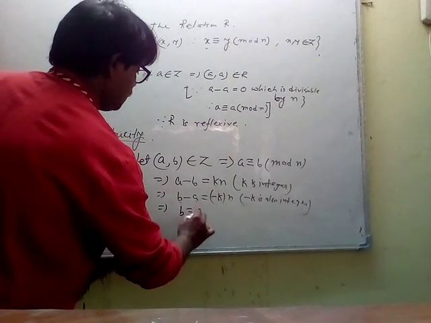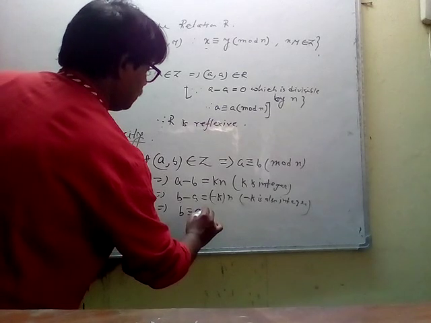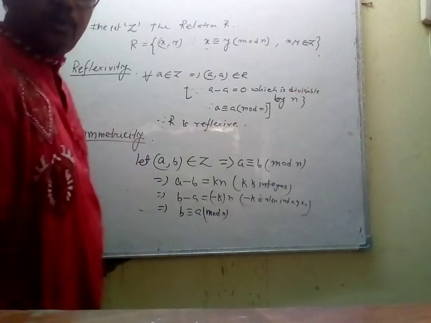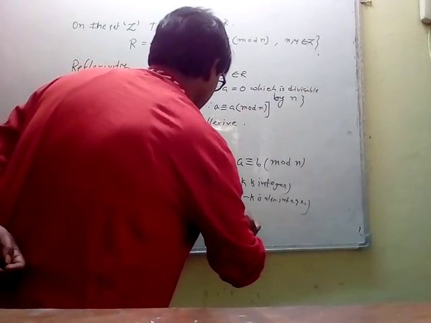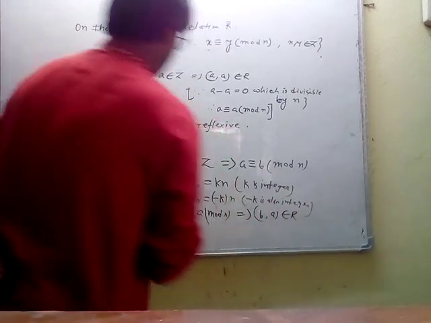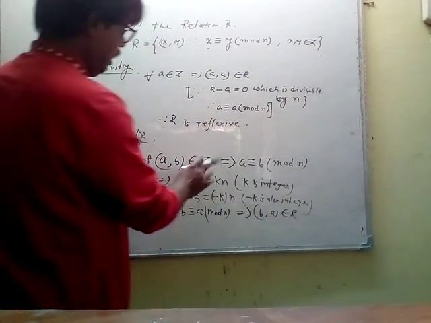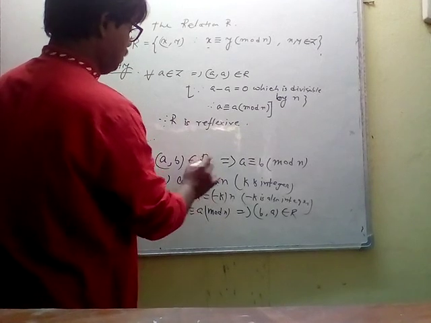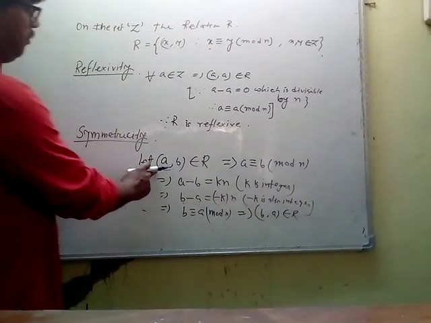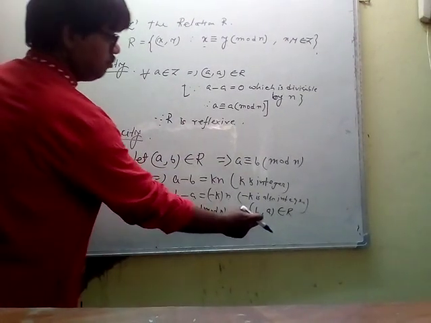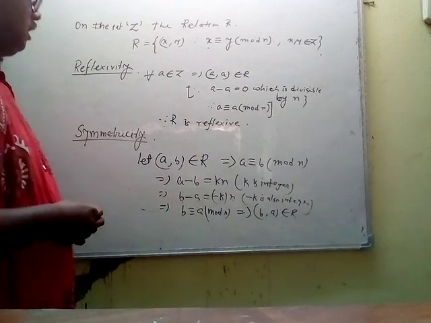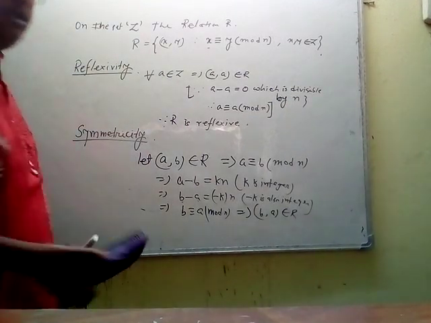That is, b is congruent to a modulo n, that is, (b, a) belongs to R. If (a, b) belongs to R, then (b, a) belongs to R. So R is symmetric.